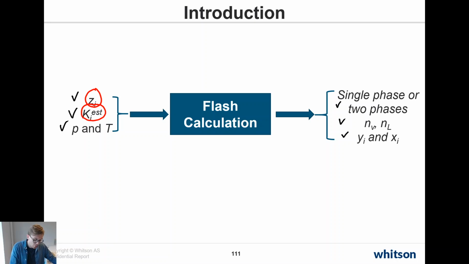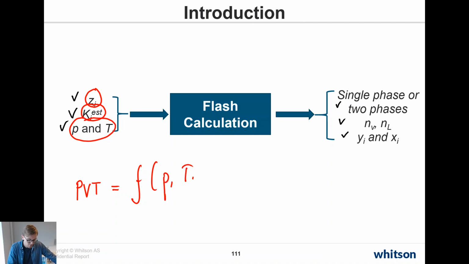And then we also need a set of pressure and temperature. So we need the conditions at which we're going to do the flash calculation. So we have a total fluid composition and we have the pressure and temperature. And as we talked about earlier, what are PVT properties? One of the first things we mentioned: PVT properties are a function of pressure, temperature, and composition.